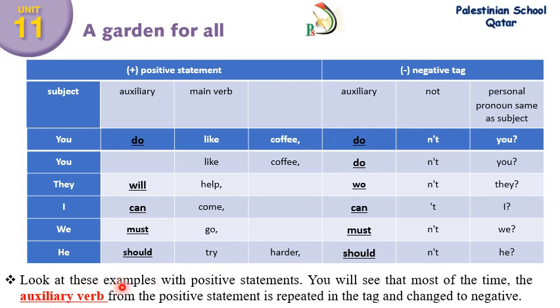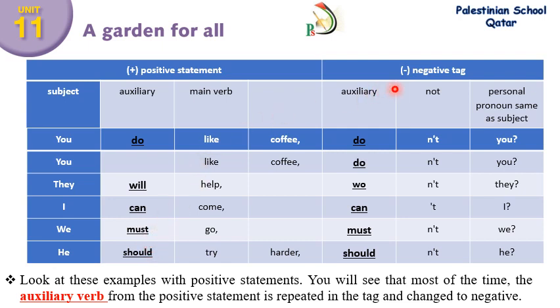Look at these examples with positive statements here. You will see that most of the time the auxiliary verb from the positive statement is repeated in the tag and changed to negative. Look here: do, will, can, must, should.